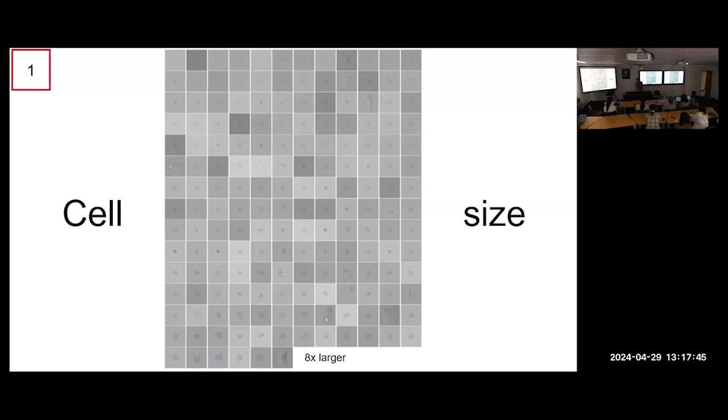You expect cells that just divided to be half the size of cells that are about to divide. That's just the scaling law, the geometry. But these ones are 8 times larger. So even within the most boring, homogeneous thing on Earth, which is a cancer cell line that's 40 years old, you have an excess of heterogeneity no matter where you look, in this case at cell size.